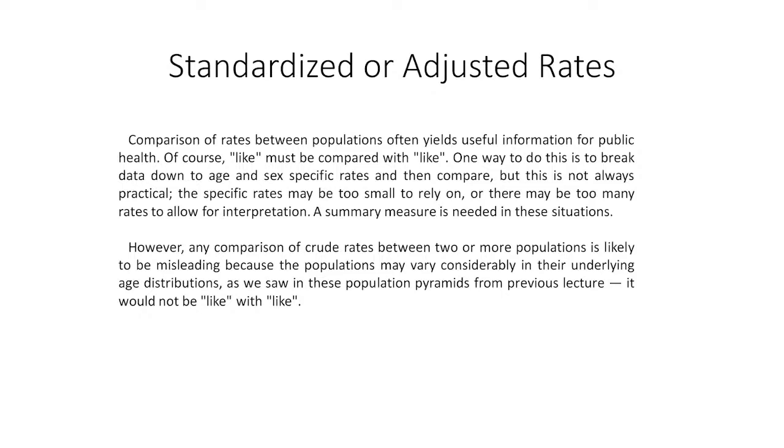However, any comparison of crude rates between two or more populations is likely to be misleading because the populations may vary considerably in their underlying age distributions, as we saw in these population pyramids from the previous lesson. It would not be like with like.